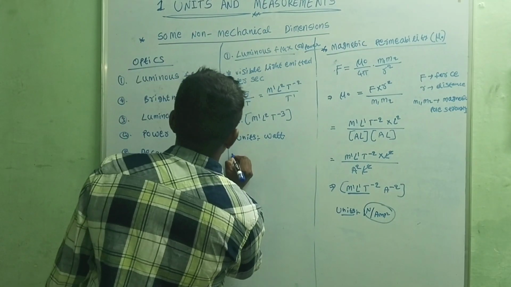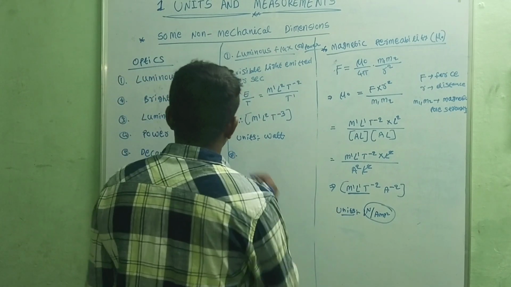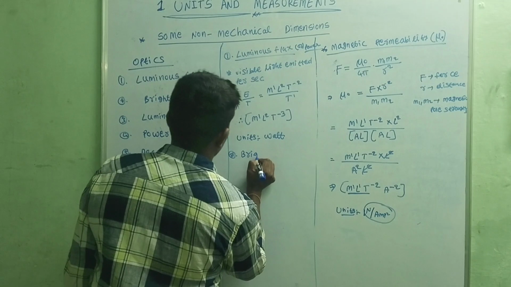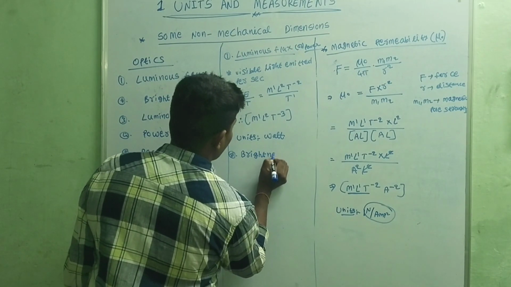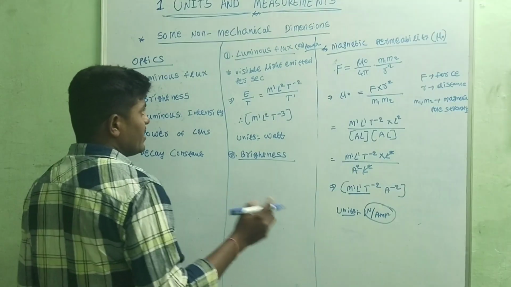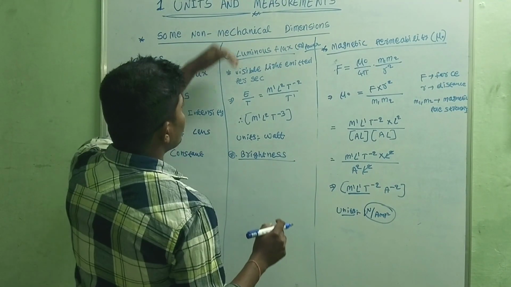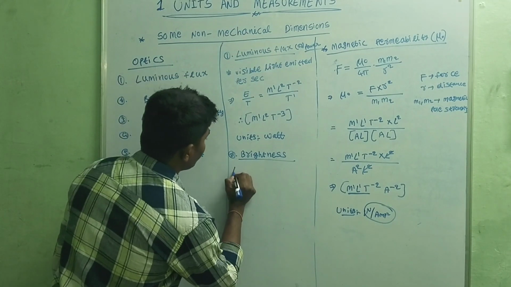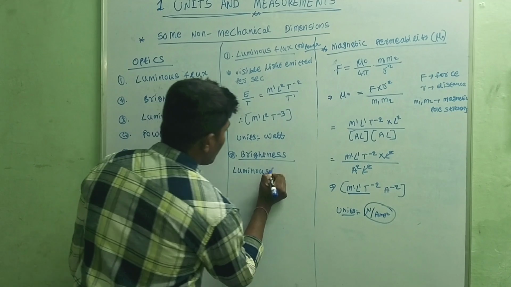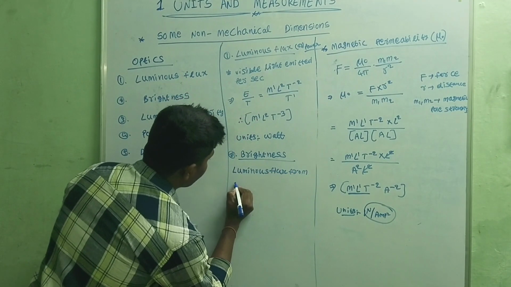Next one is brightness or illuminance. It can be defined as the luminous flux per unit area.